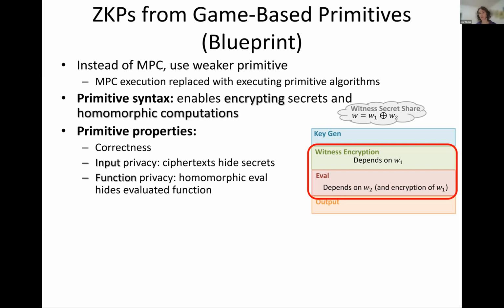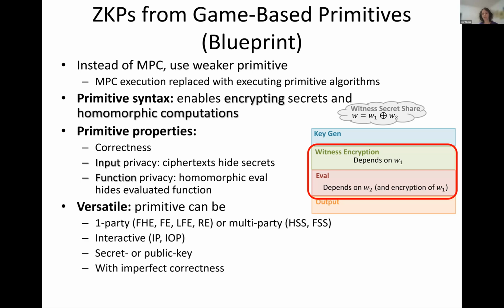In some cases, we also need function privacy because when we check the output here, it was computed using a function that depends on W2. So we need the outcome of homomorphic evaluation to hide the function that was evaluated. So I showed you an example for a one-party primitive where we have one evaluator.